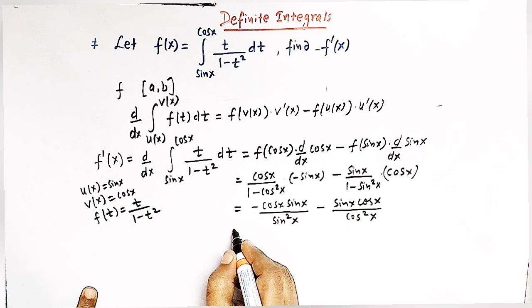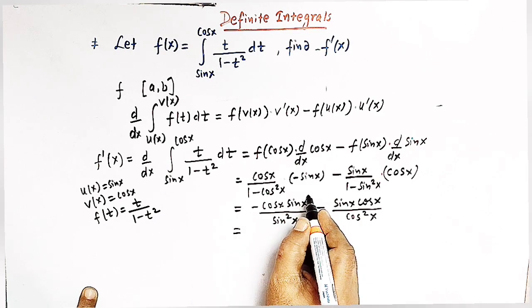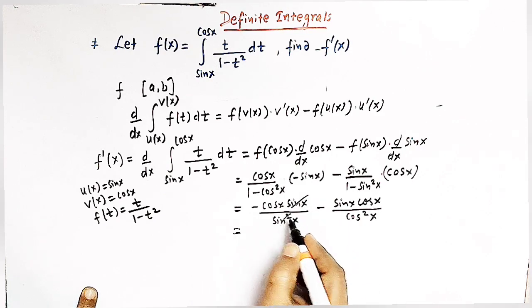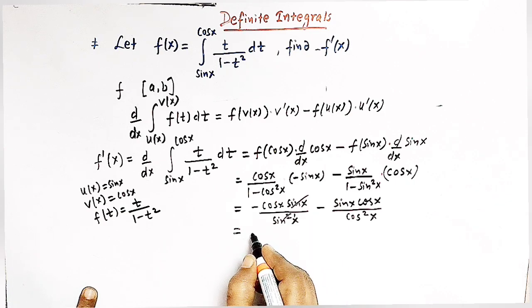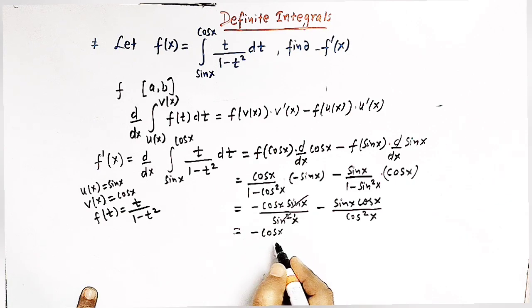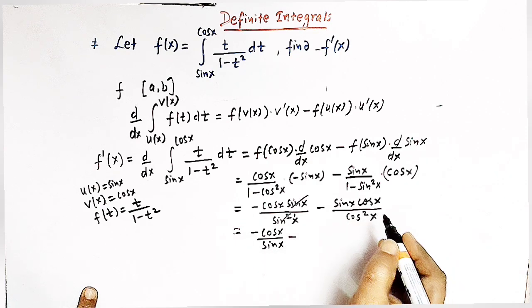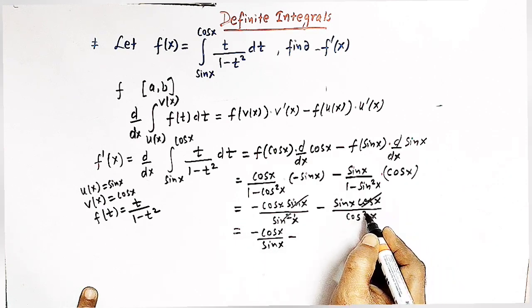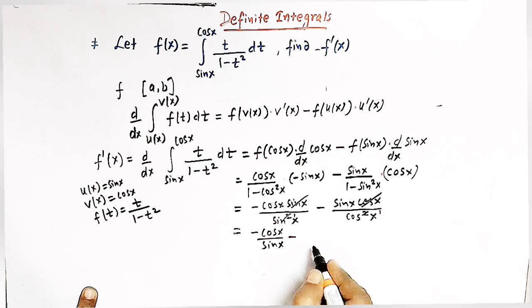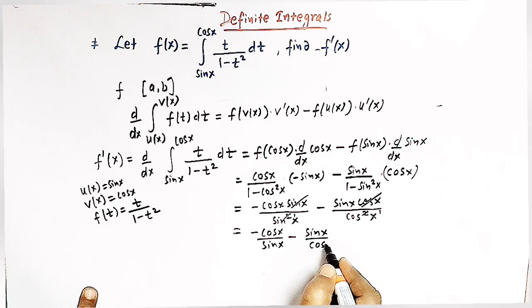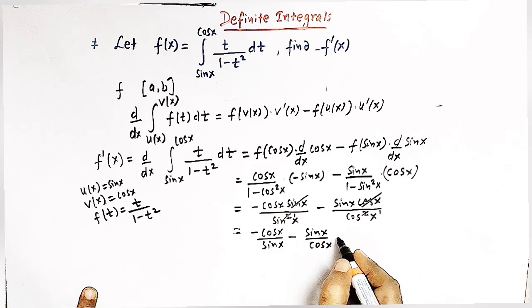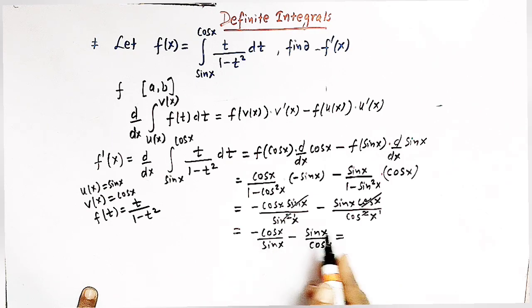So now we can cancel this sine x with this one. Here we are left with only one sine x, so we have minus cosine x over sine x, and then here this cosine x gets cancelled with this one, so we have minus sine x over cos x, right?